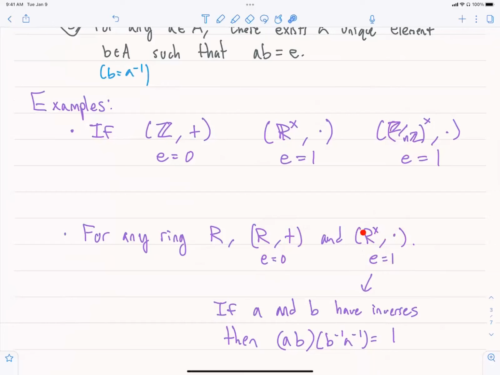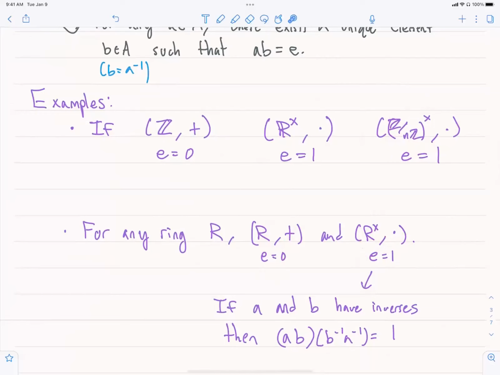The thing that's not completely obvious here is that if I have two elements A and B of R cross, both of which have inverses, then you need to check that A times B also has an inverse.